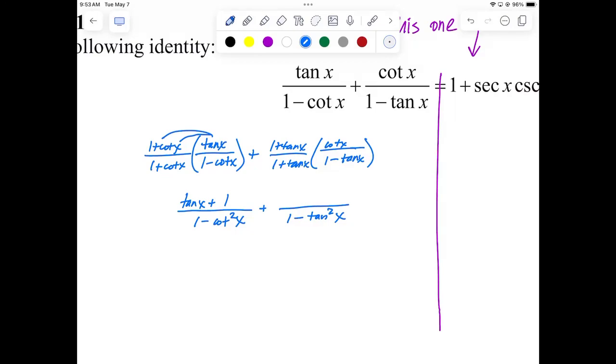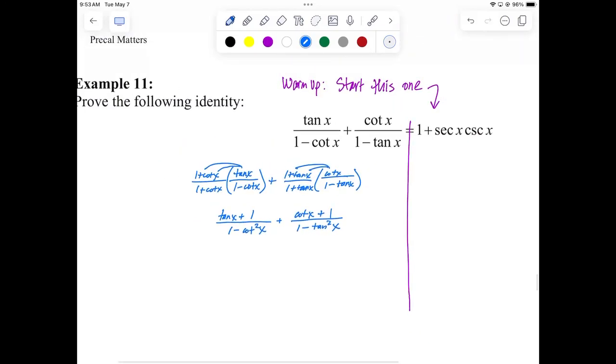They're also cofunctions, but in this case, they're 1 when they multiply them because they're reciprocals. Yeah. And same thing over here. If I distribute the cotangent, I get cotangent of x plus 1. So that seems like it's a real nifty thing to do, right? So we compare that to the right-hand side, which is our target.